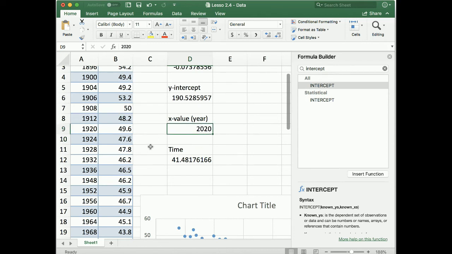We could also pick something in here like 1948 and see how this matches up. 1948 was 46.2. This says 46.8. So that's what our formula comes up with there. So again, for 2012, the prediction is 42.07 seconds.